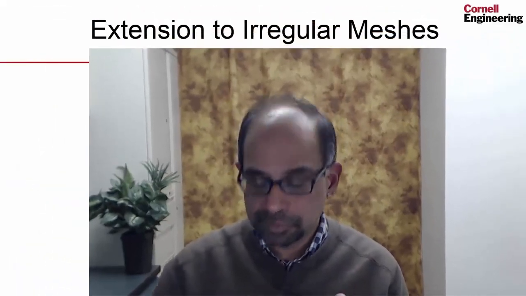In real life applications such as flow over a car or flow over a wind turbine rotor, we have complex flow domains, and when we mesh these flow domains, we are going to get irregular meshes. It turns out that the finite volume method can be extended to deal with irregular meshes, and this is an advantage it shares with the finite element method.